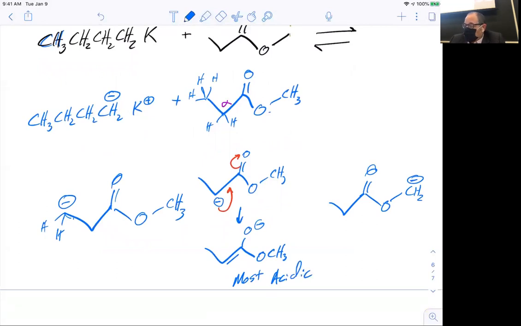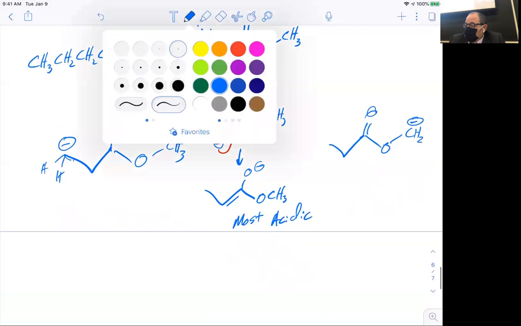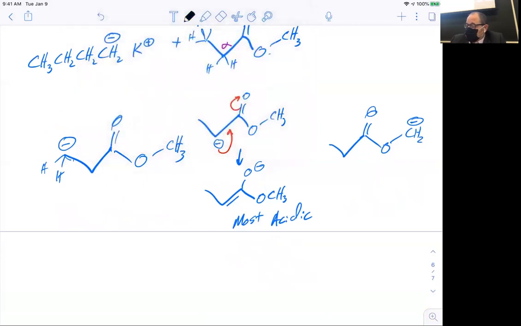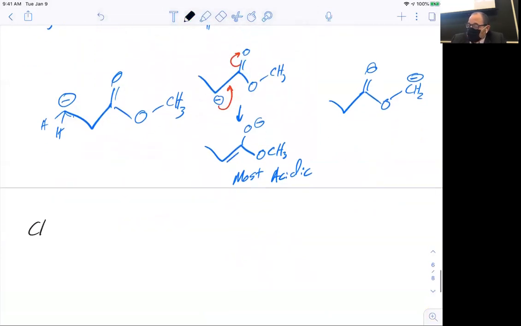Okay, so I'm going to redraw all that, and I'll go back to black. That'd make a good song. And I'm going to go ahead and show my hydrogens.